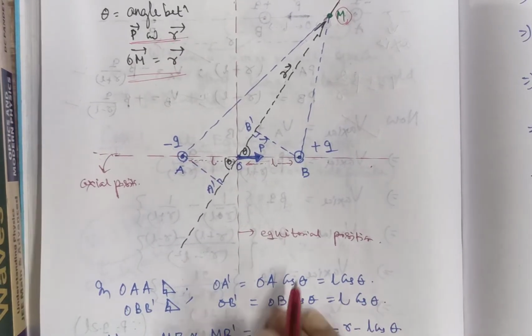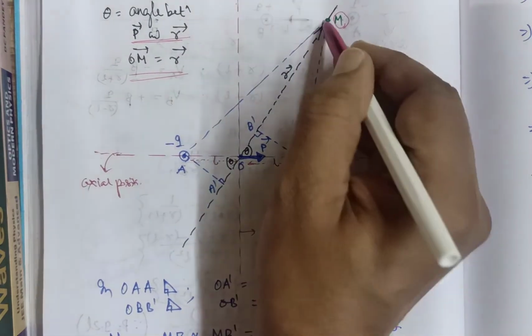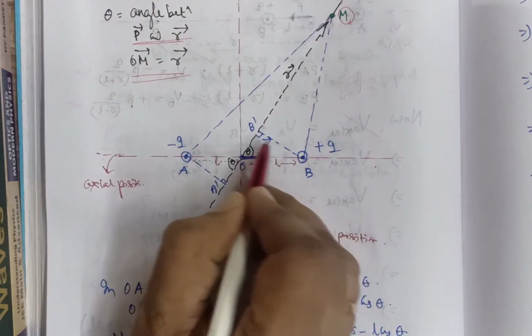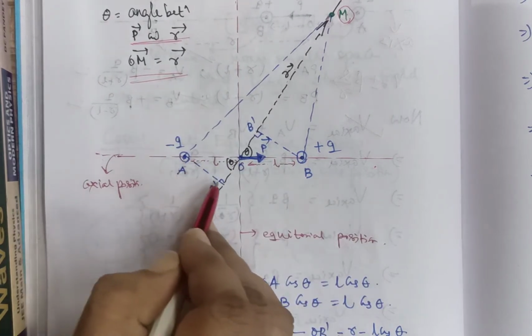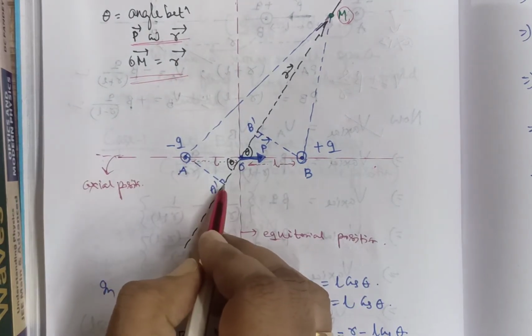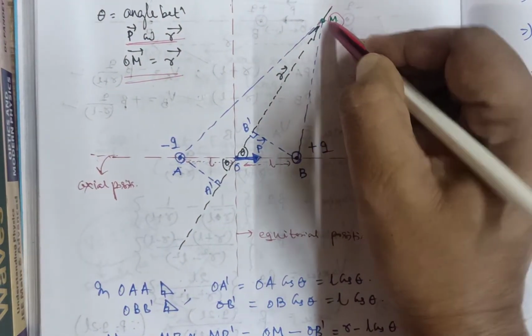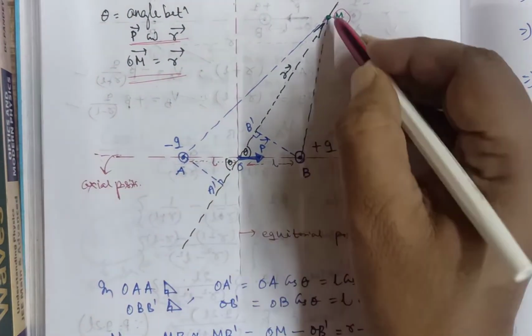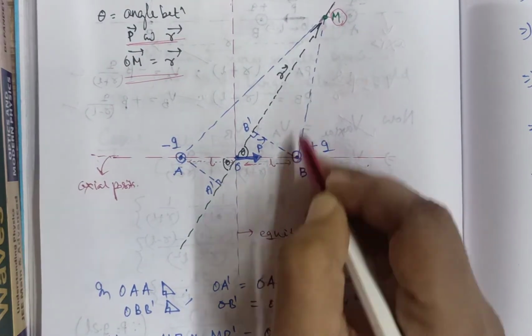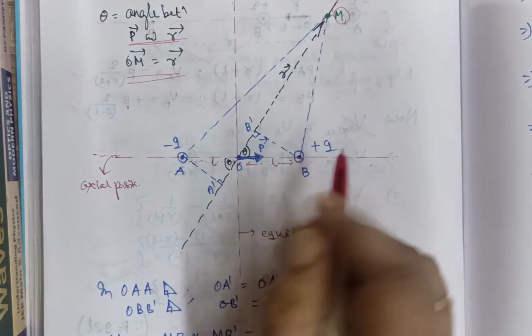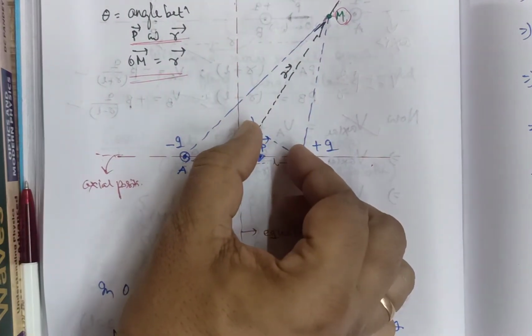Actually, I am interested in calculating MB and MA. For that, I draw a perpendicular B dash here and A dash here. As this point M is very far from the point O, MB is nearly equivalent to MB dash. Not exactly equal, but nearly equal, because this distance is very small.